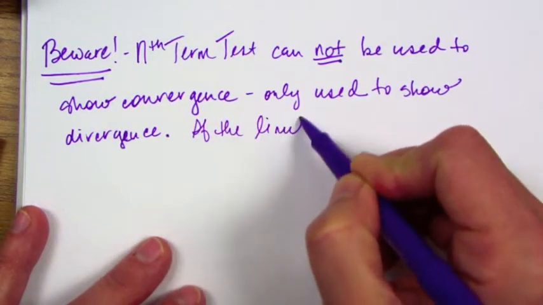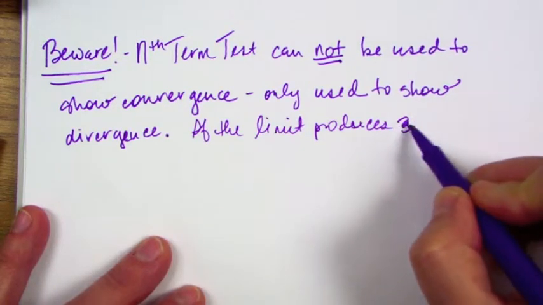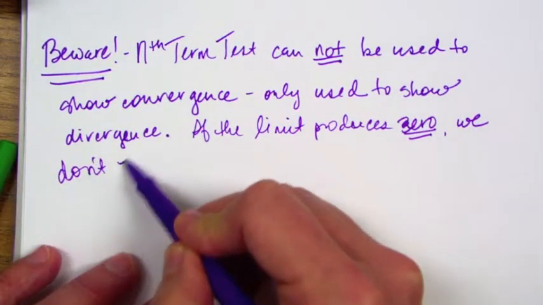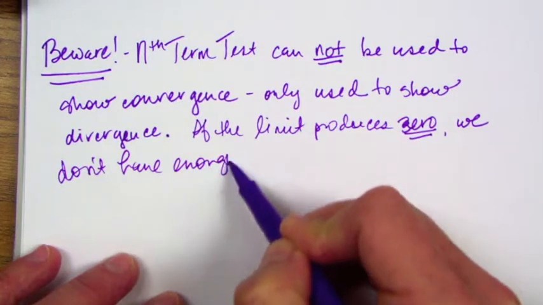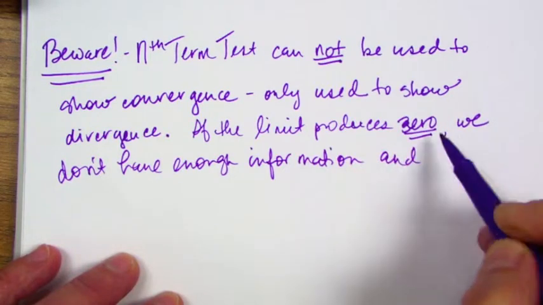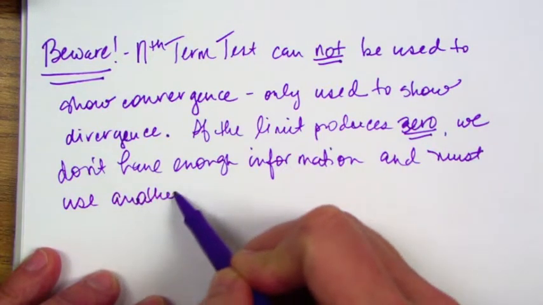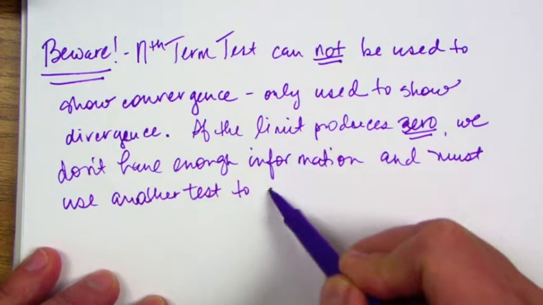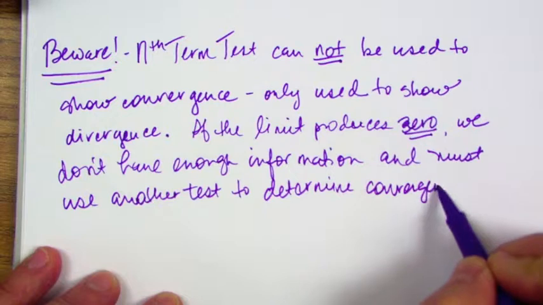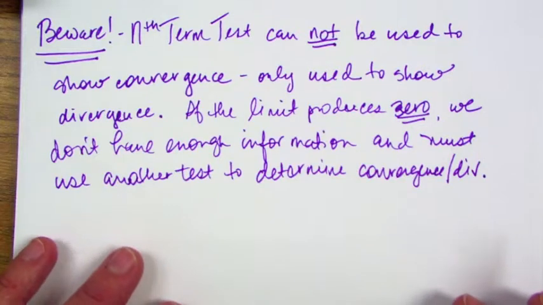If the limit produces 0, we do not have enough information and must use another test to determine convergence or divergence.